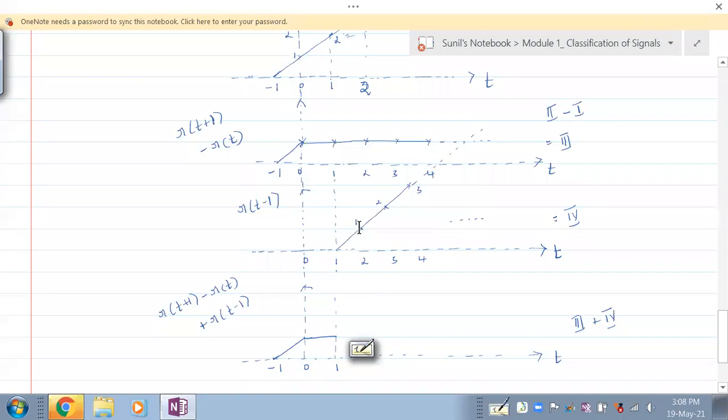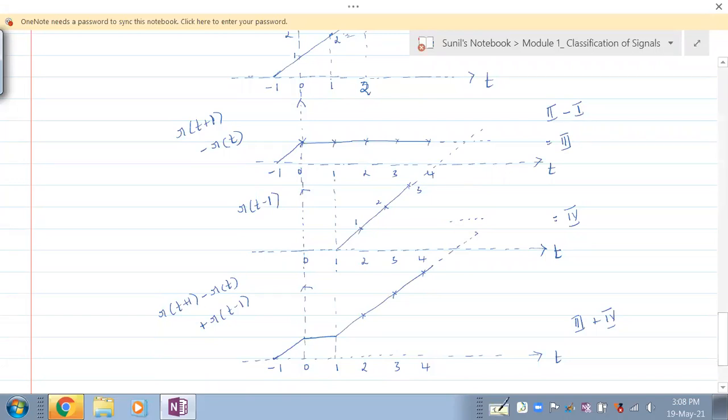At 2, this is 1, and this is 1. So 1 plus 1 will be 2. So at 2, it is going to be 2. At 3, it is going to be 3. At 4, it is going to be 4. Okay, so this is how the signal looks.